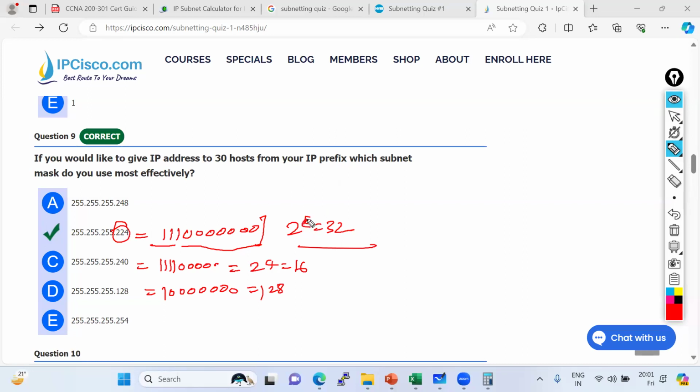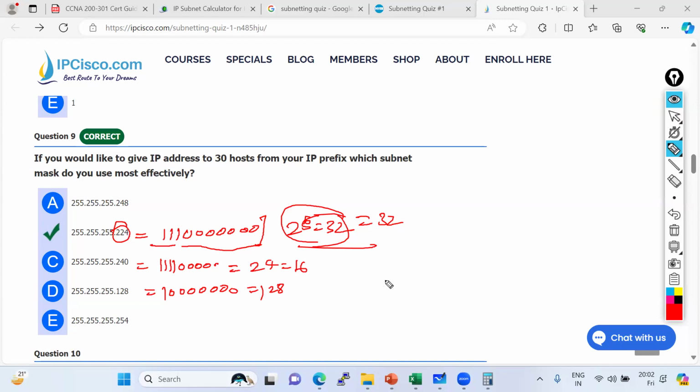No, let me see. 2 times 2 is 4, times 2 is 8, times 2 is 16, times 2 is 32. Yes, 2 raised to power 5 is 32.